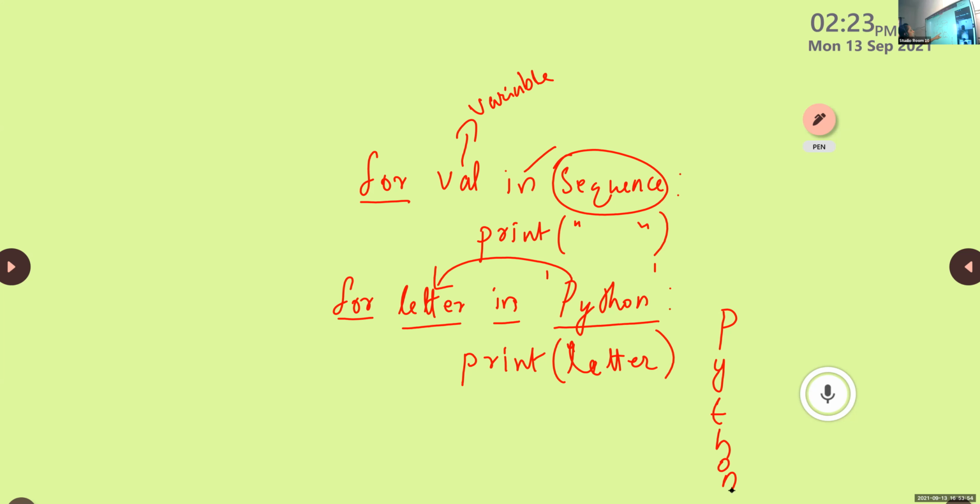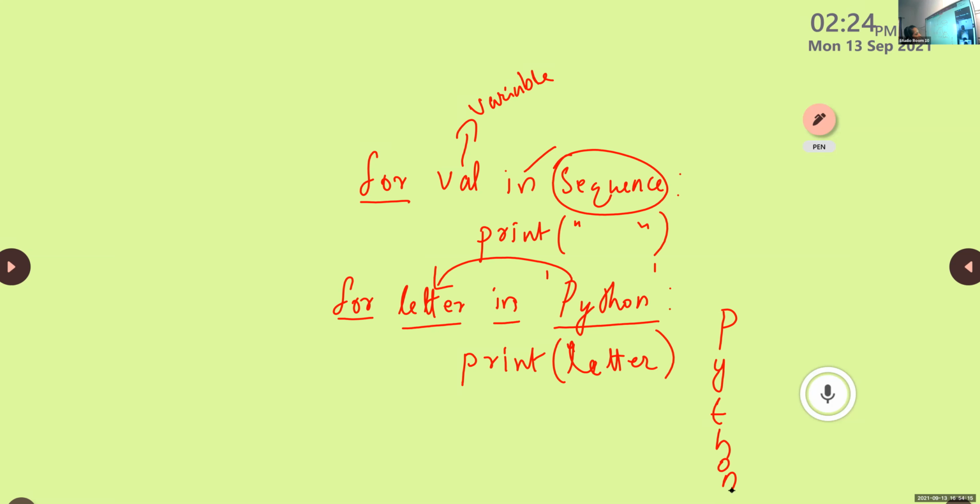So from this Python, this letter will access first character P, then it will print it. After that, the next iteration, Y is assigned to letter and Y is printed. After that, T is assigned to letter, T is printed, just like that, H, O, N.